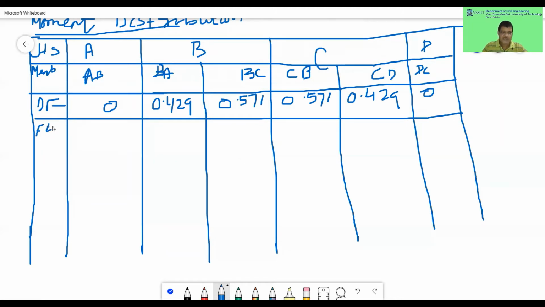What are the fixed end moments for different ends that you have to write down? Here it is minus 26.67, minus 26.67, and then here comes 53.33 positive, 53.33, and here we'll get minus 15, and here the value is plus 15, and here is minus 30, and here it is plus 30, right?